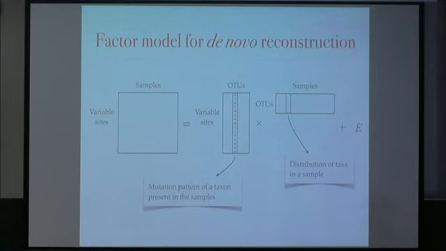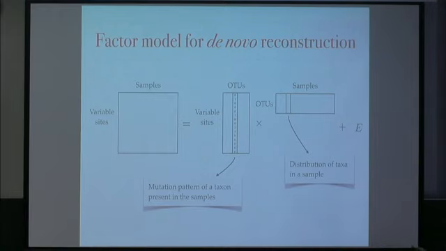One of the problems that I described, which is this problem of de novo reconstruction for species that are unculturable, is also a matrix factorization problem. So you have samples as the columns and variable sites on the genome as the rows, and you're trying to factorize this matrix into the product of two matrices that look like this. The columns of the matrix on the left and the rows of the matrix on the right are associated to different taxa, different OTUs.